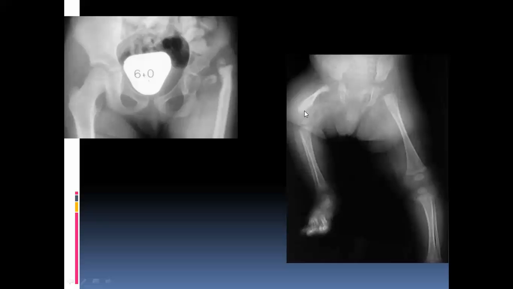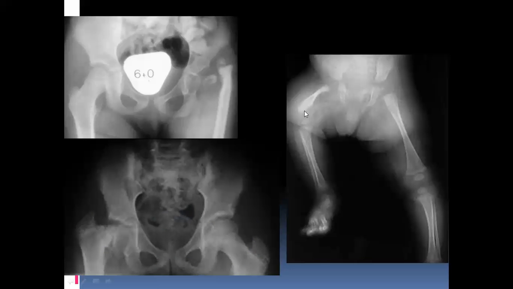There is here developmental deformity of the femoral bone, or what we call short femur.